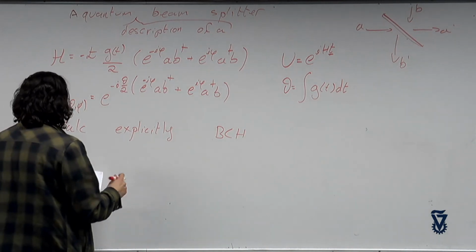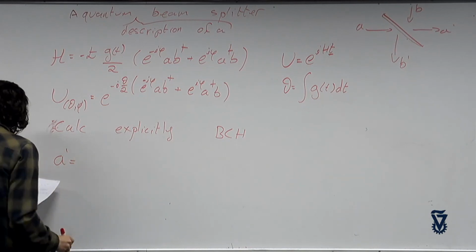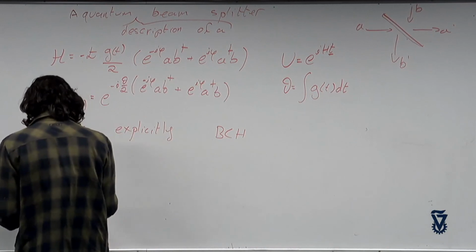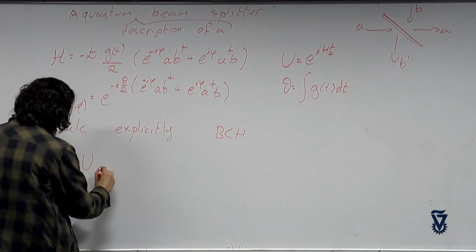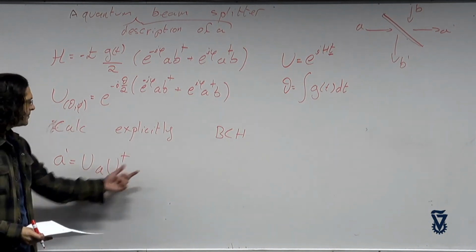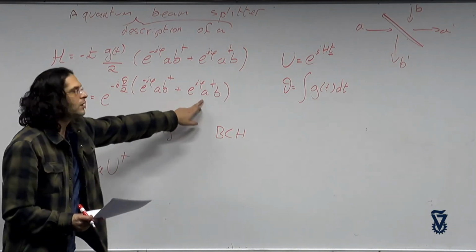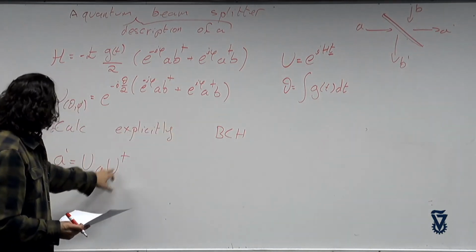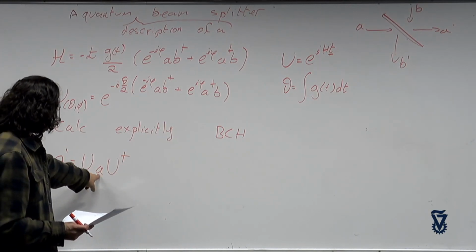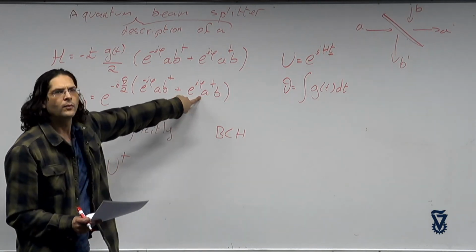And using that, you can calculate this explicitly, and you see that A prime, the output field here, is just given by U A U dagger. This is where BCH comes in, because U is just an exponential of this, and U dagger is the other one. And you have A in between, which does not commute with A dagger over here.